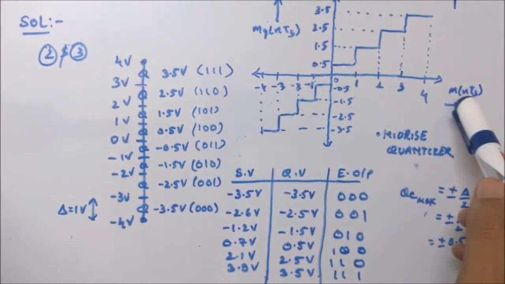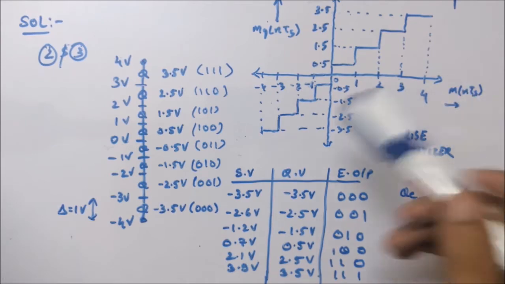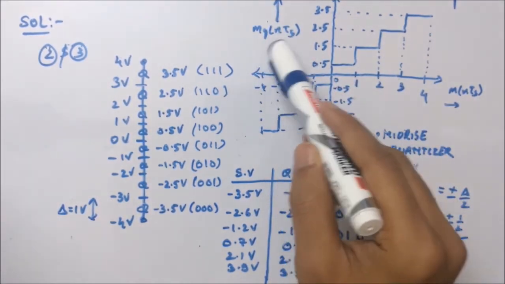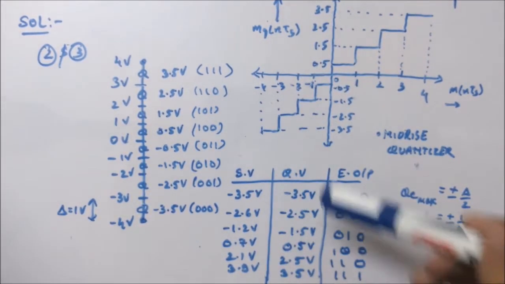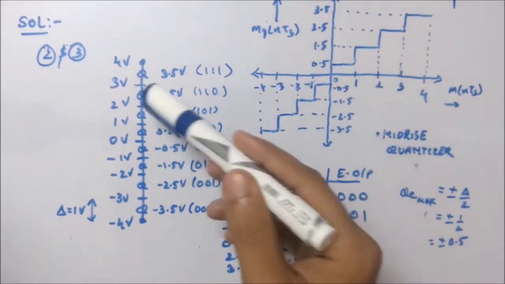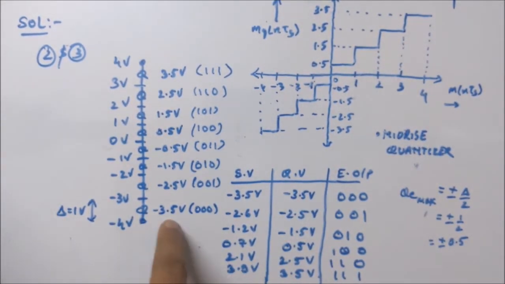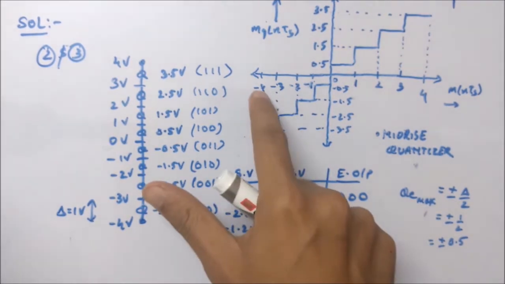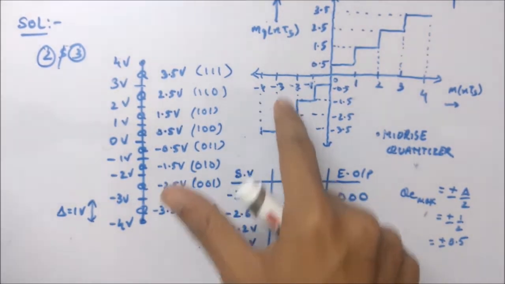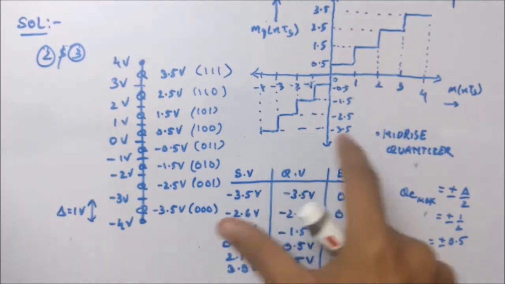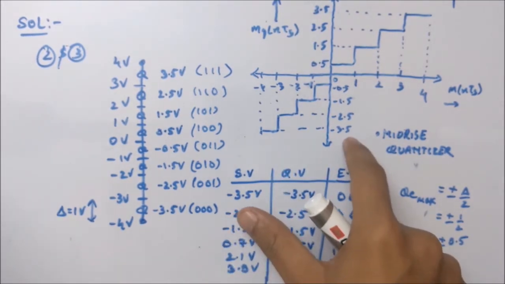In the x-axis you have sampled value, and in the y-axis you have quantized value. So minus 4 to minus 3 range of input you have minus 3.5 as quantized output.